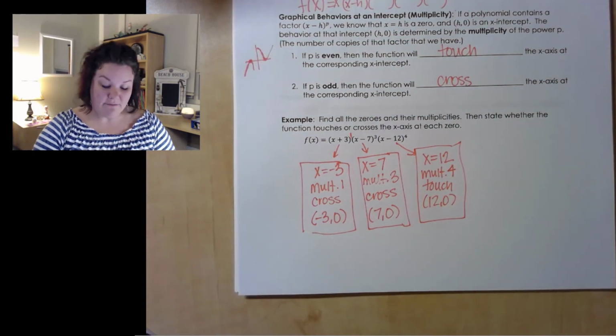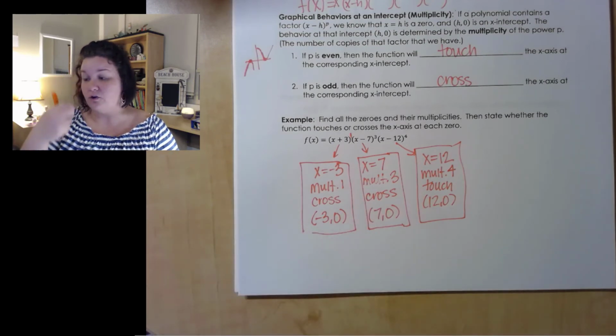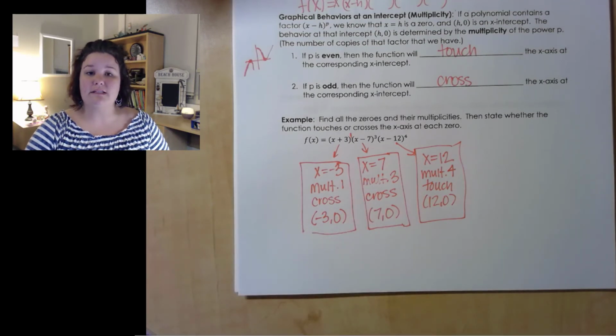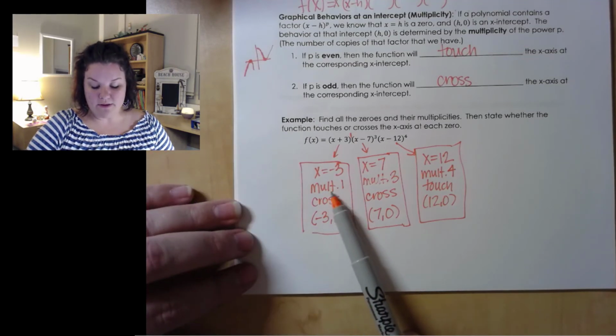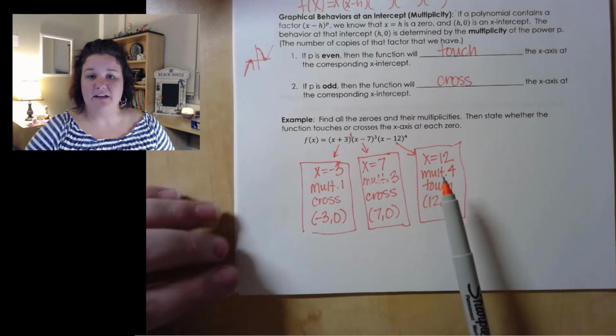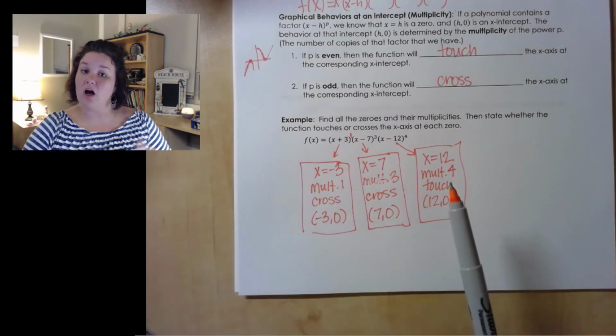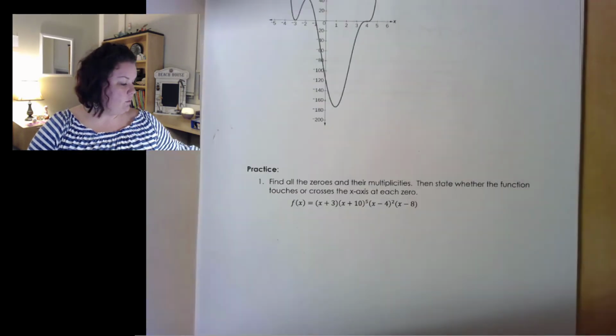So we can take a function and identify the zeros and state whether they touch or cross based on their multiplicity, or we can figure out what the multiplicities of the factors might be based on a picture if we're given the graph. So I'm going to look at one like that.